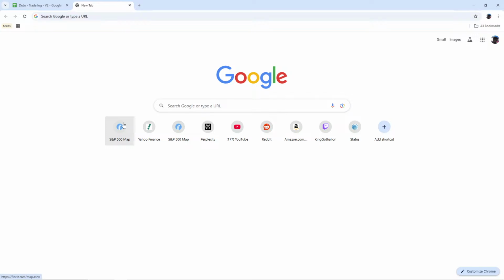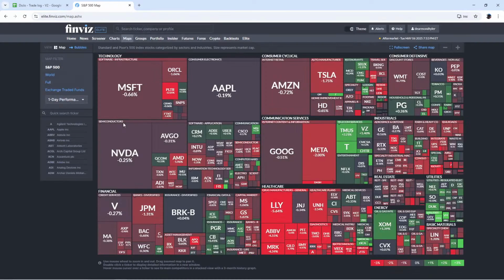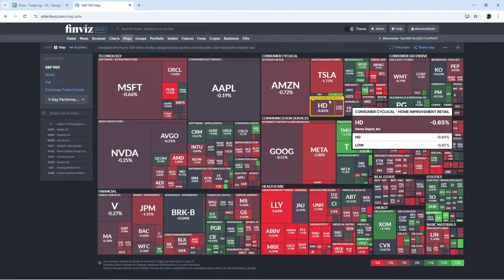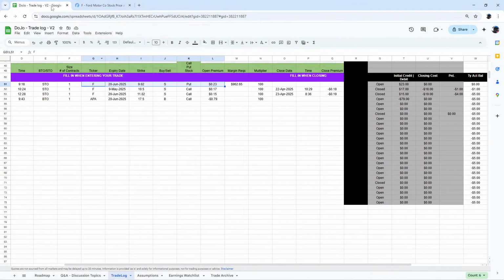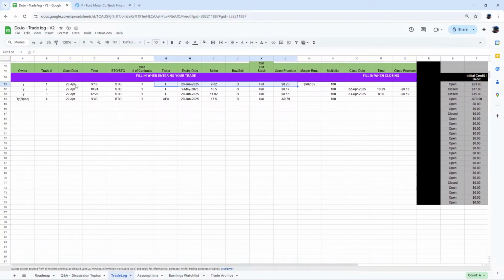Now, if we go to this, we go to forward and we look at it. We sold these on 28 April.